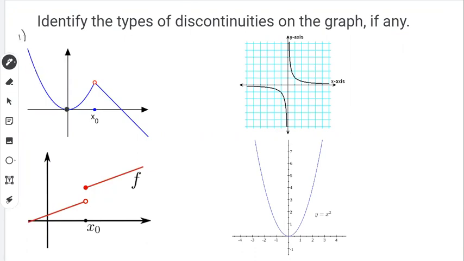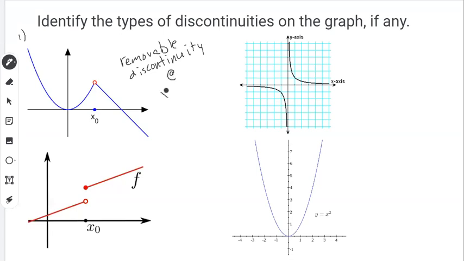Notice that this function, it kind of meets right here, but it has a hole in the graph. This is called a removable discontinuity because it's got that hole. And the two ends would actually meet if it wasn't for that hole in the graph. So this has a removable discontinuity. Where?